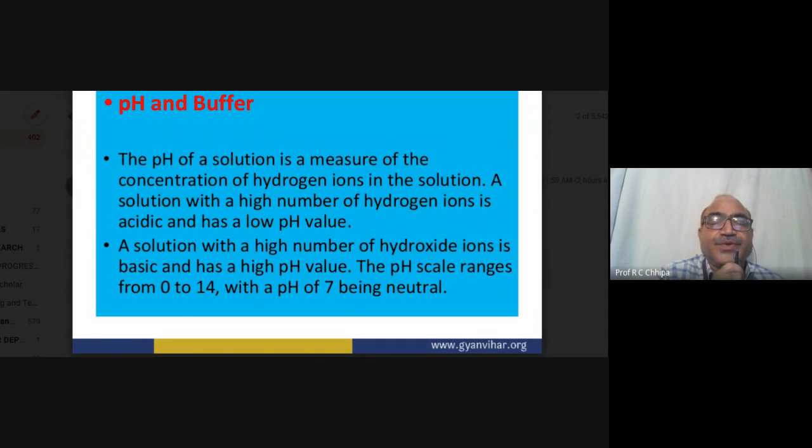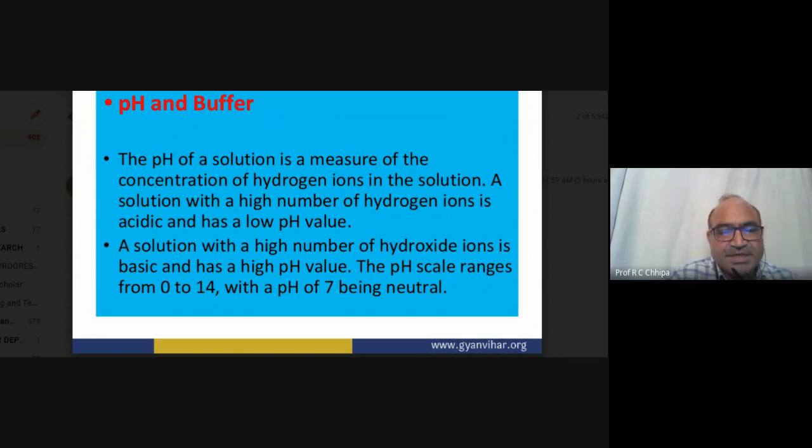The hydrogen cation is also called a proton because the electron is not there, only the proton in the nucleus. So how can we say how many protons are present in a given solution? That will correlate with the pH value.